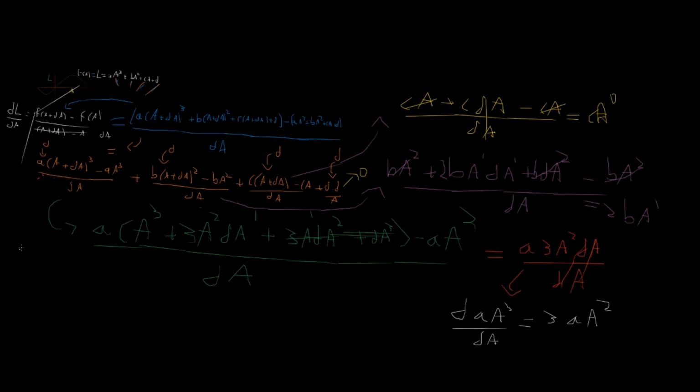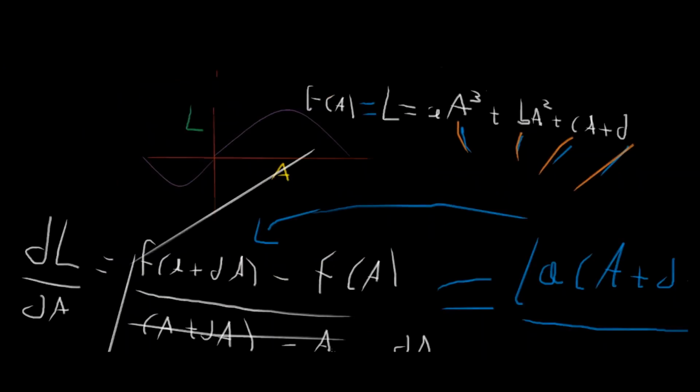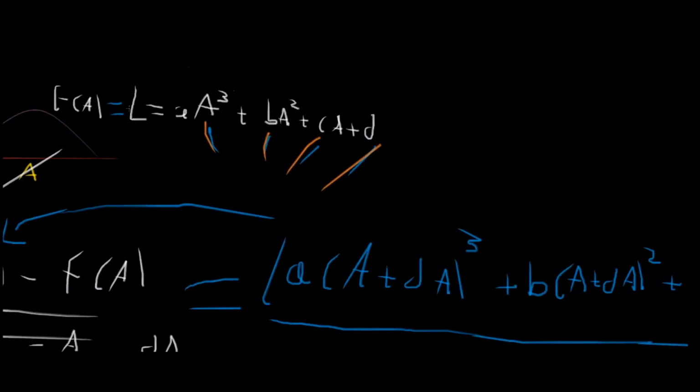So, ultimately, our end result of what we had up top is this. df(A) over dA, where f(A) is A cubed plus BA squared plus CA plus D. Let me zoom in real quick for you. This guy right here, we're going to differentiate it.